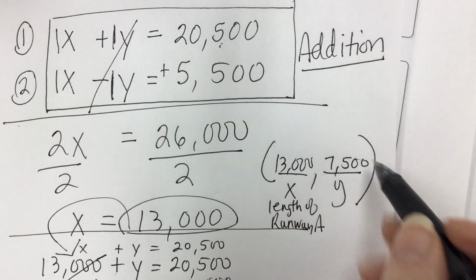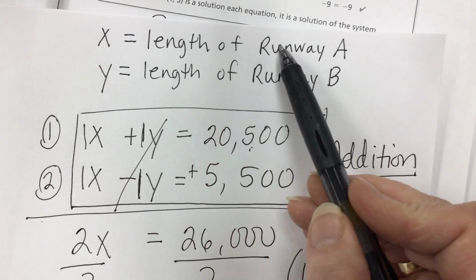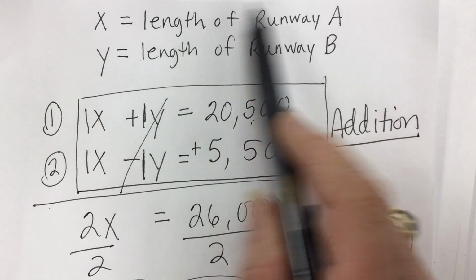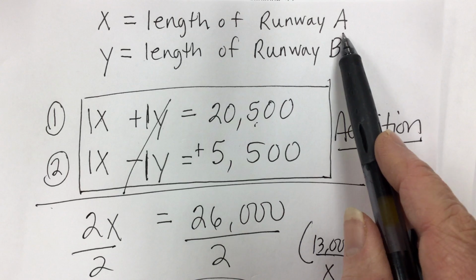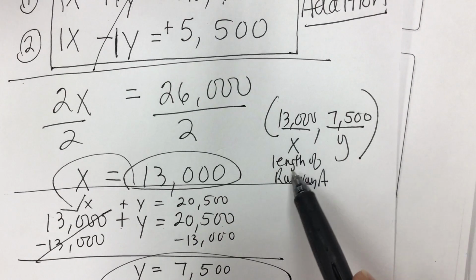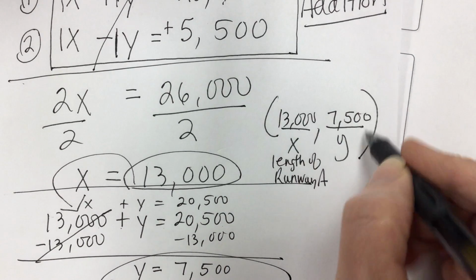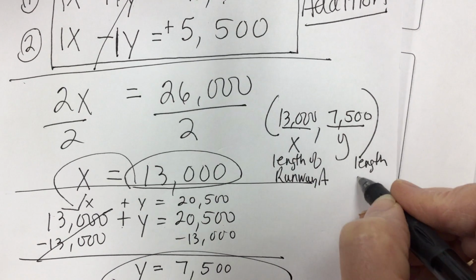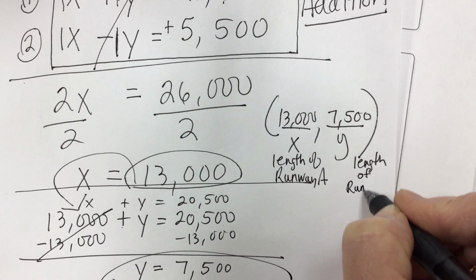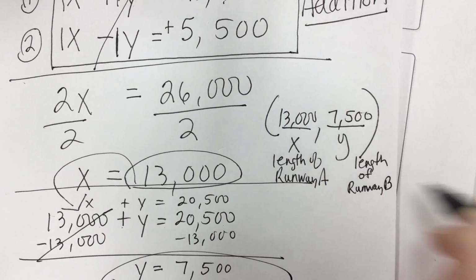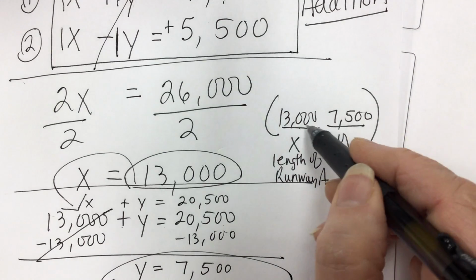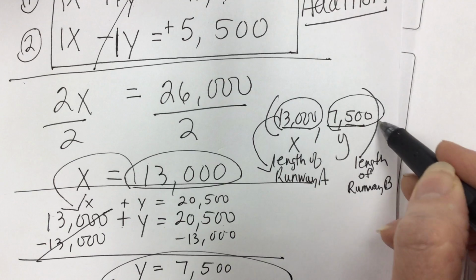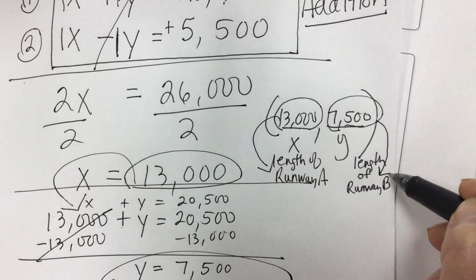Remember, y, based on our representation in the beginning, is the length of runway B, and x is the length of runway A. So I've got 13,000 is the length of runway A, 7,500 is the length of runway B.